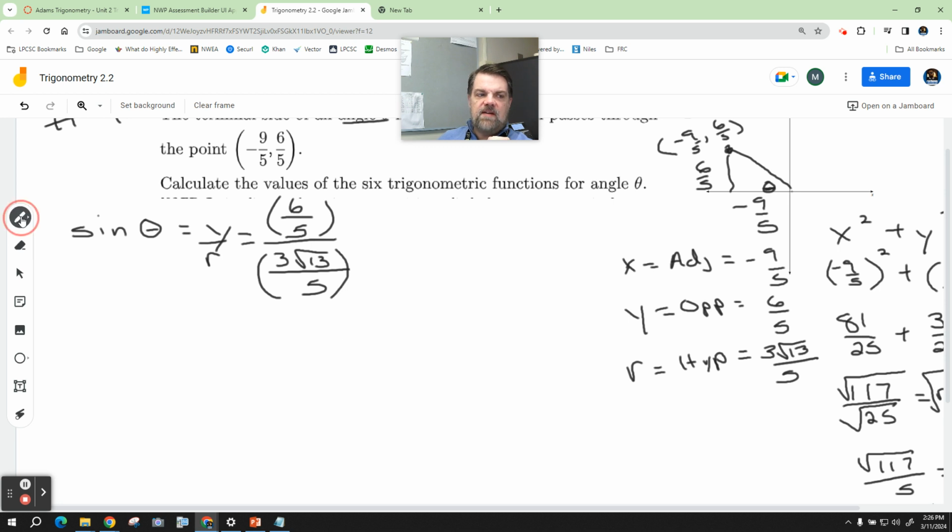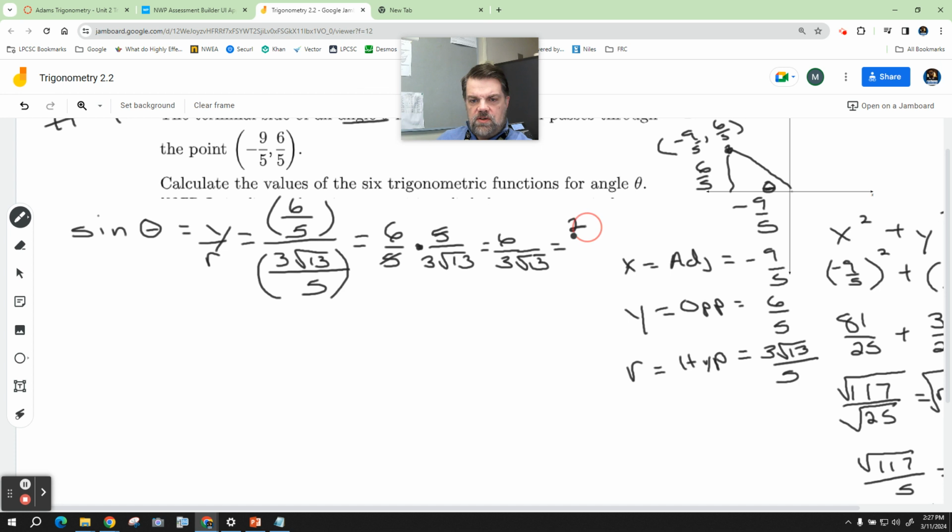So whenever you divide by a fraction, you have to multiply by the reciprocal. So I multiply by 5 over 3 root 13. The 5s will cancel, and I've got 6 over 3 root 13.